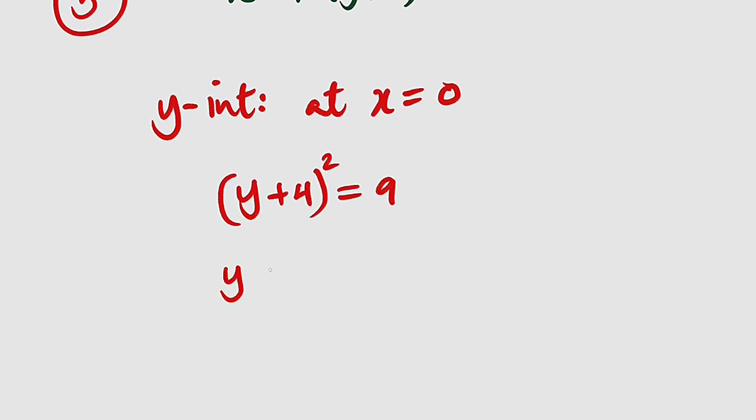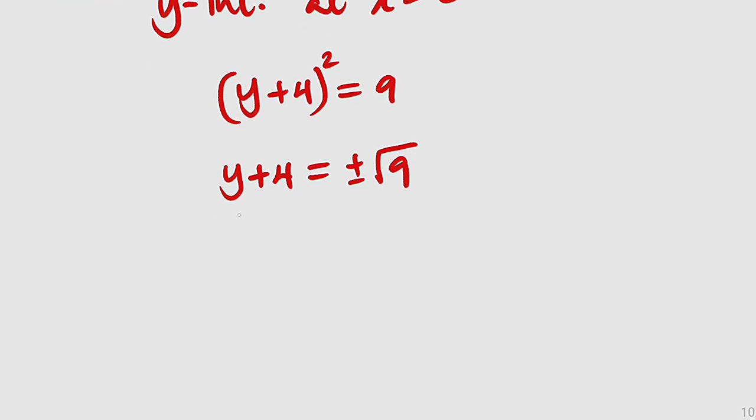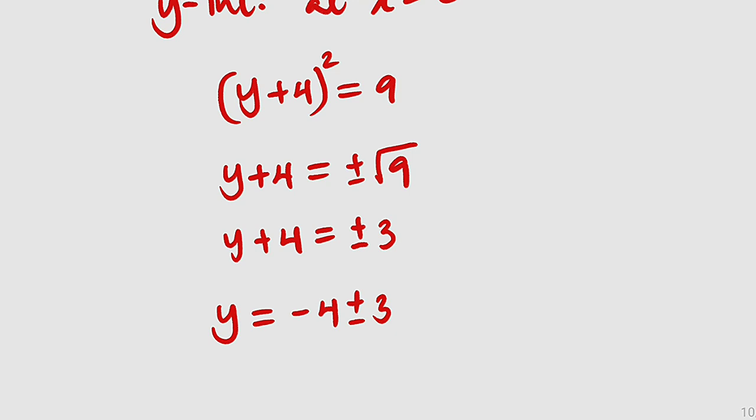We have y plus 4 equal to plus or minus the square root of 9. Y plus 4 is equal to plus or minus 3. Therefore, y will be equal to minus 4 if you take this to the other side, plus or minus 3.